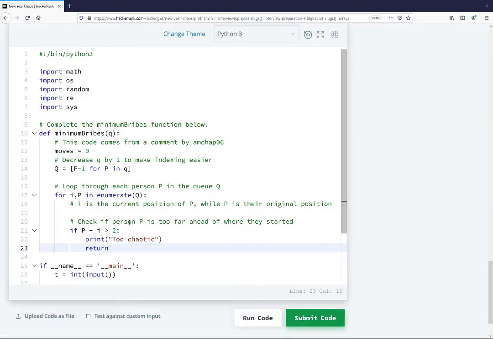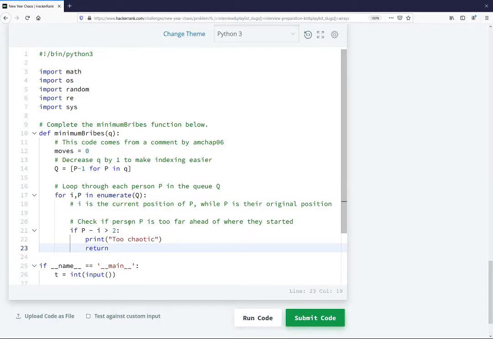So if their current position minus their initial position is greater than 2, right, because if we remember that example from before, 5 was in 3's position, so P would be 3 and I would be 5. So 3 minus 5.